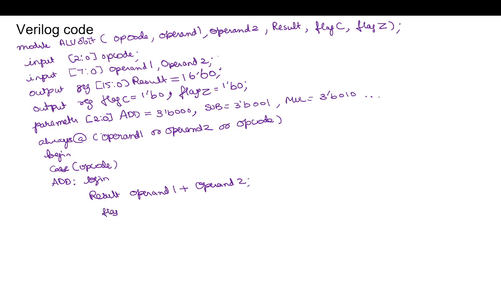And the same way flags. For subtraction, we get result equal to operand 1 minus operand 2.